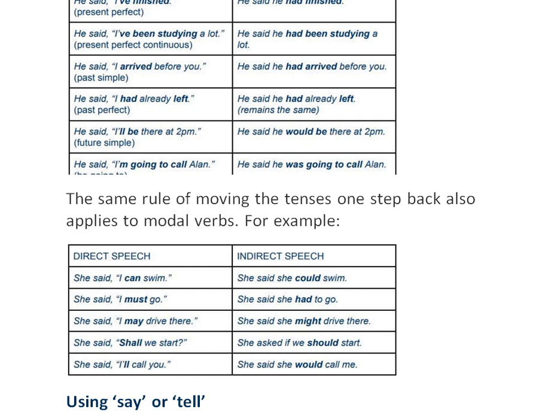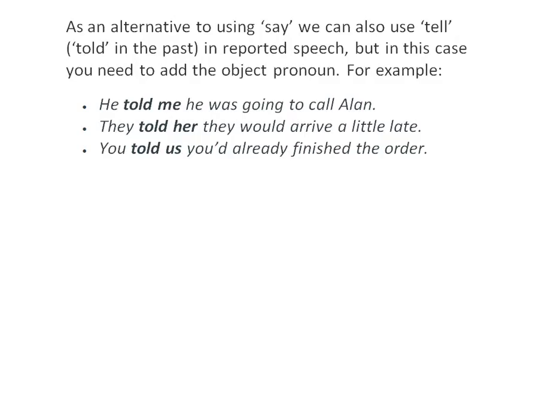Now, as in direct speech, where we talked about using words like asked and shouted instead of the verb said, here also we can use say or tell instead of said. As an alternative to using say, we can also use tell or told in the past in reported speech. But in this case, you also need to add the object pronoun. So we'll take an example here.